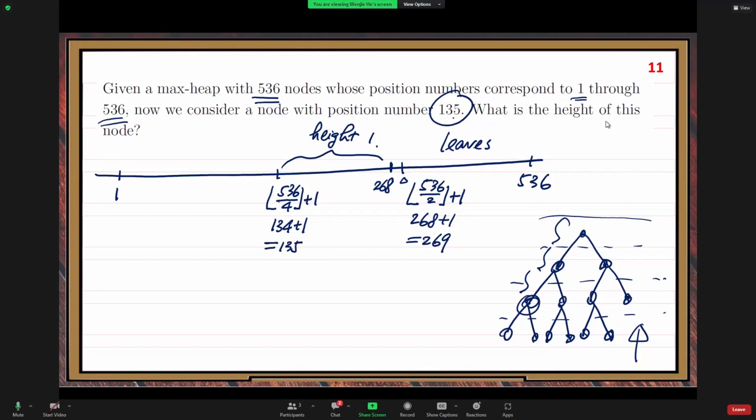Now, remember 135. Just this, say the lower bound. This is 135. It's inside the height 1 range. Height 1, that's inclusive. So when we write these two numbers, it includes both ends for height 1.